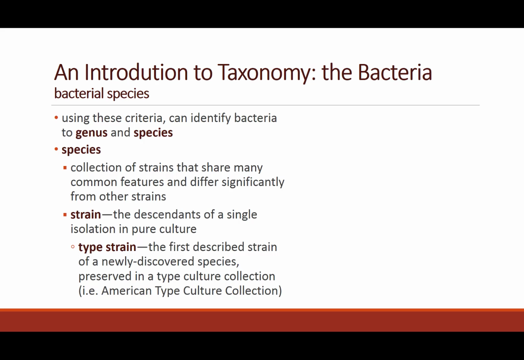So when we talk about a type, we're talking about a species, and the type strain is the strain that is used to identify a species. And so that type is then preserved forevermore, so that if we ever have questions about relatedness between the type and other strains that we have, then we can go directly to the source and do comparisons.